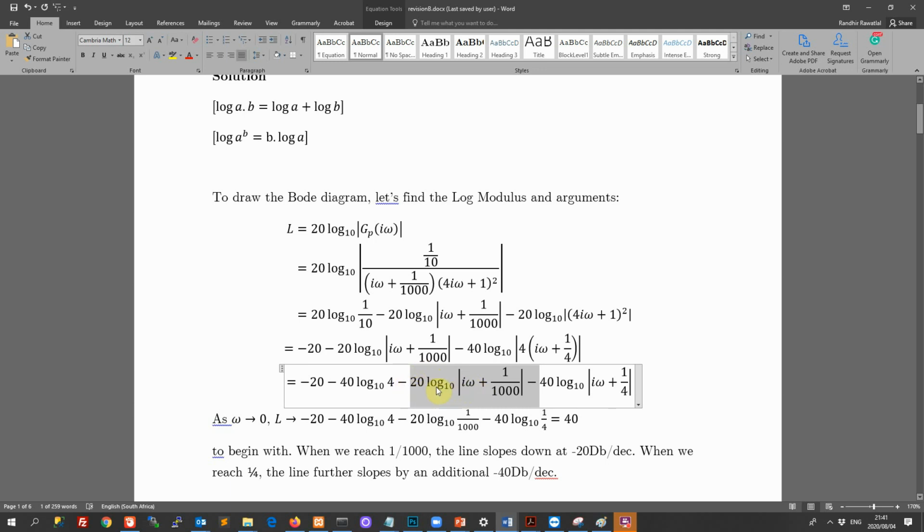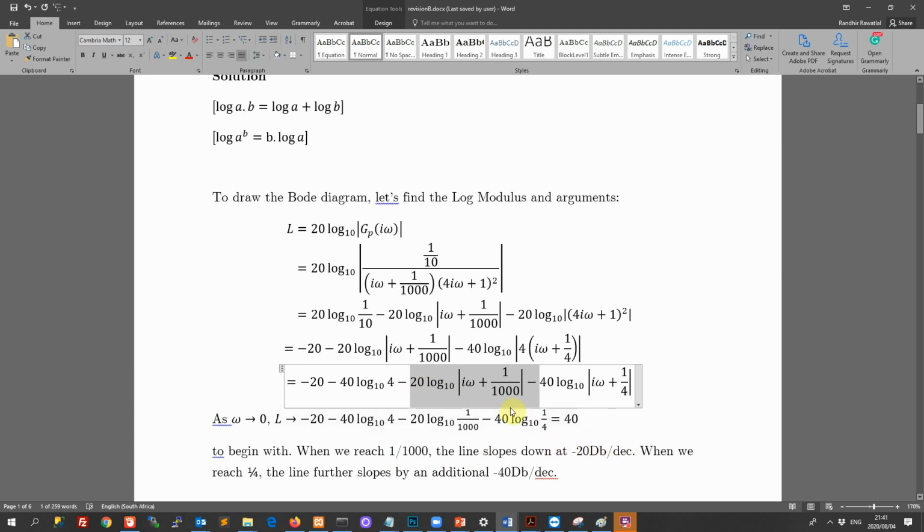To summarize again, for a factor of 10 change in omega, we are going to see L changing by minus 20. So that's what happens at around 1 over 1,000. The line slopes down at minus 20.